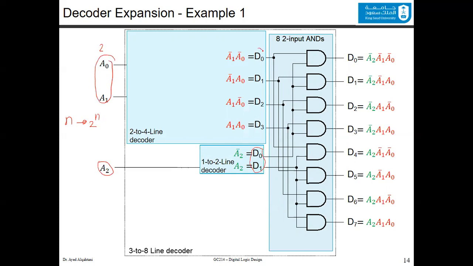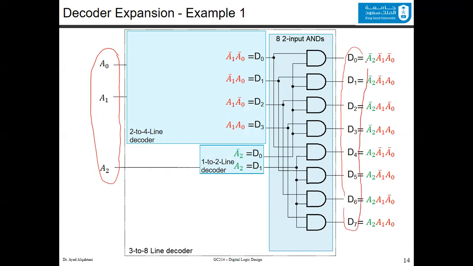So for sure, we will have 4 outputs in the 2 to 4 line decoder. If you want to see it in the full decoder, then if you have 3 inputs here, then you will have 8, which is 2 to the power of 3 lines in the outputs.